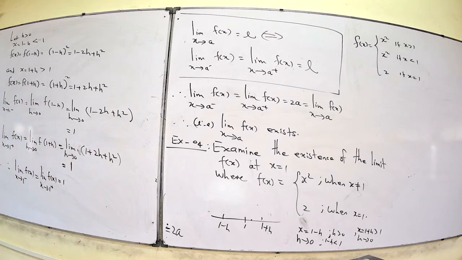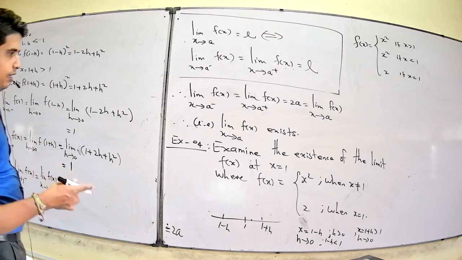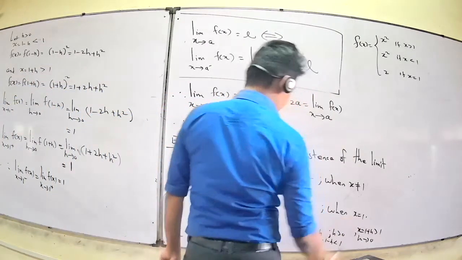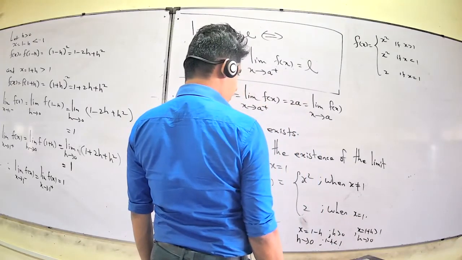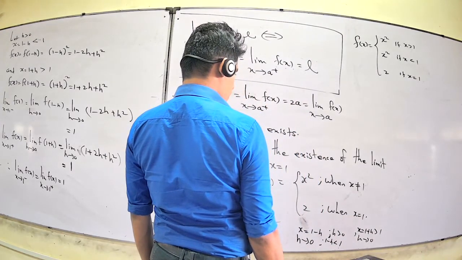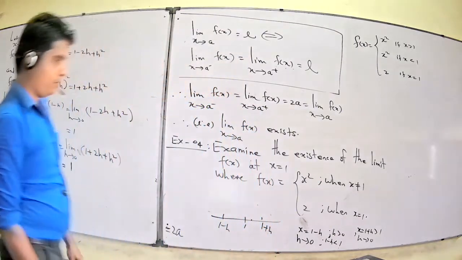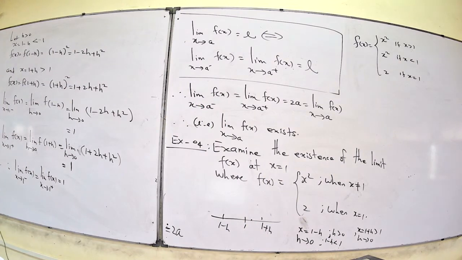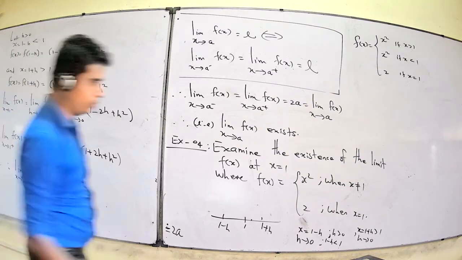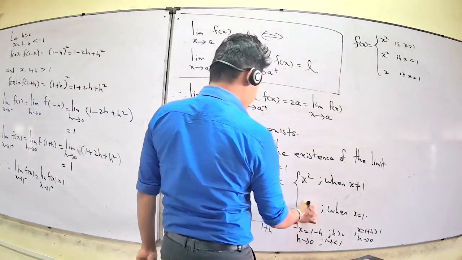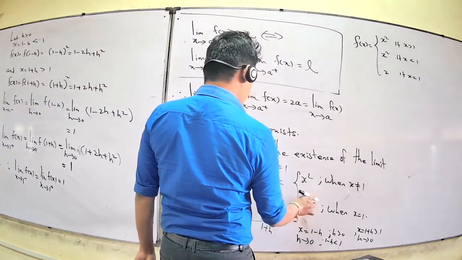But limit of x tends to a, in that case you have to take the value 2, no? Therefore, this limit does not exist. Suppose you have here 1, okay, your limit exists.